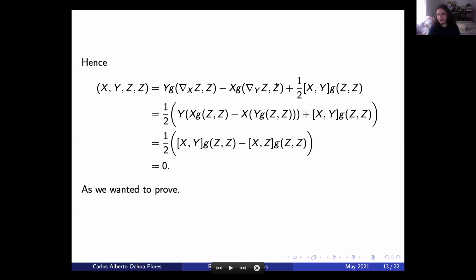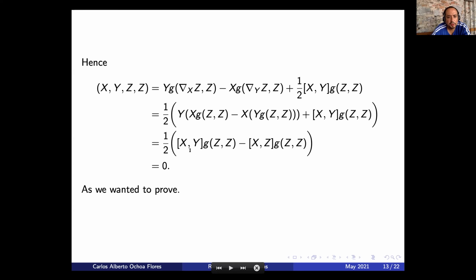And one interprets this part similarly. And then we obtain 1/2 multiplying all of this thing. And this is precisely the Lie bracket of x and y acting at g evaluated at zeta, comma zeta.